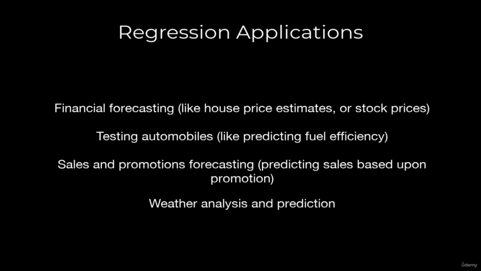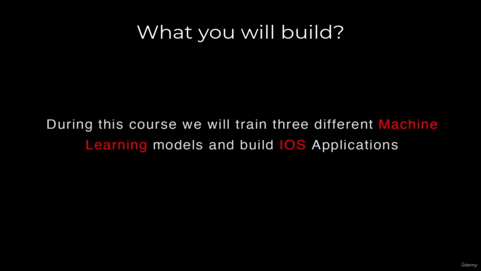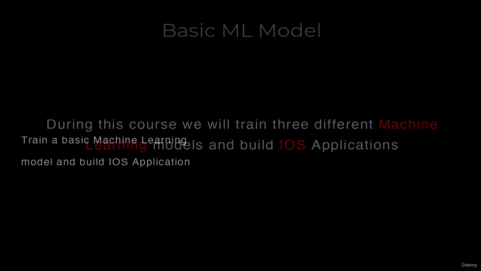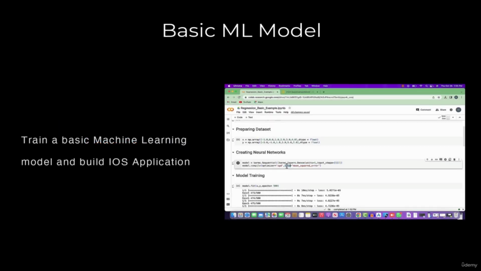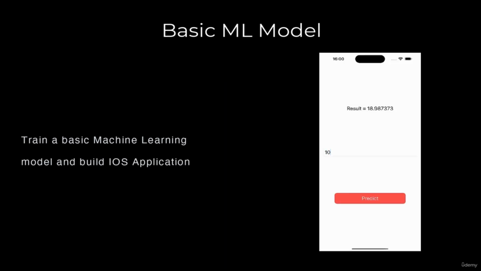And some popular applications of regression in the real world are financial forecasting, testing automobiles, sales and promotional forecasting, weather analysis and prediction, and so on. So during this course, we are going to train 3 different machine learning models and build iOS applications for them. Firstly, we are going to train a very simple machine learning model, and then we are going to use it inside our iOS application.